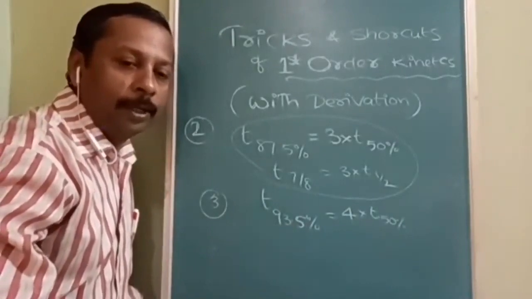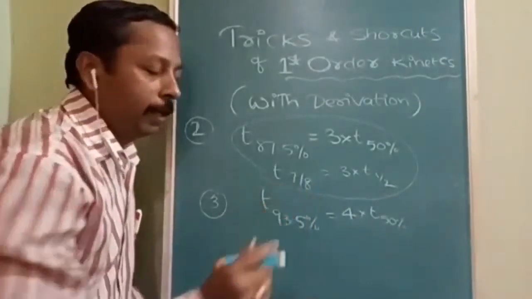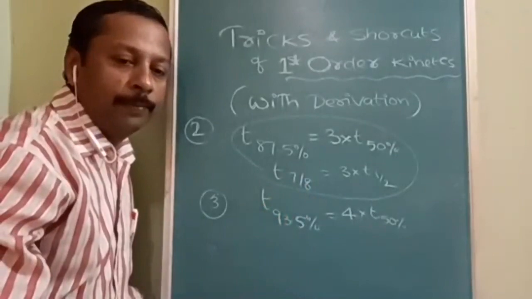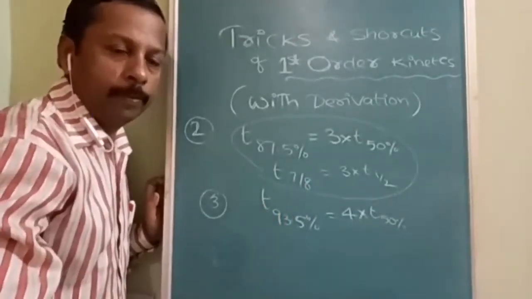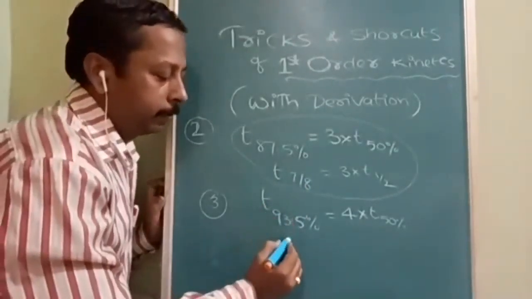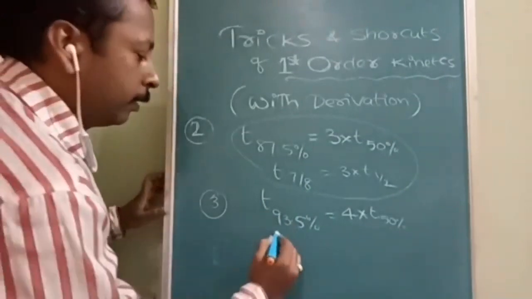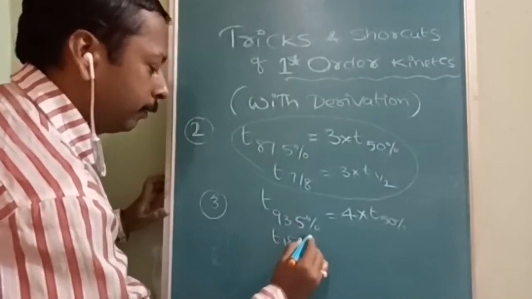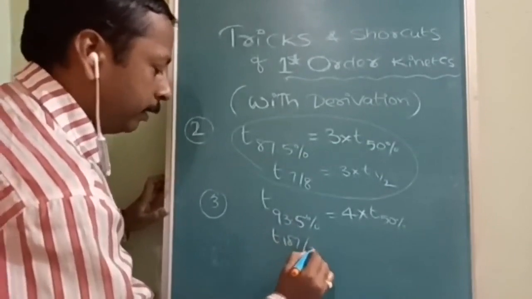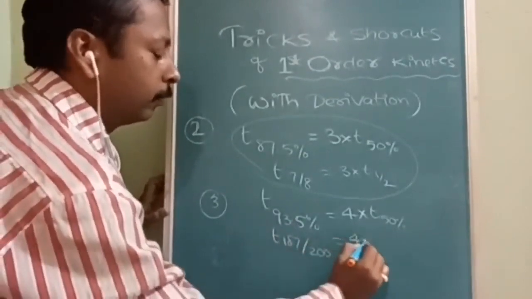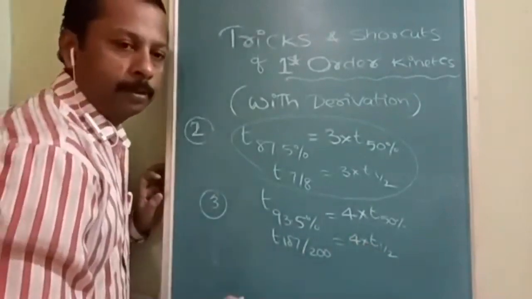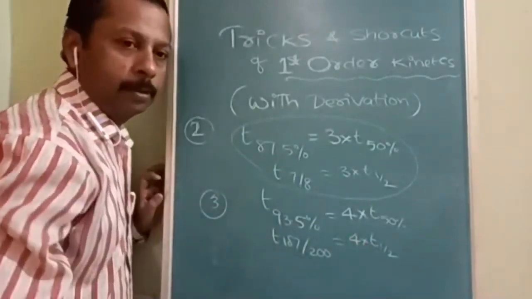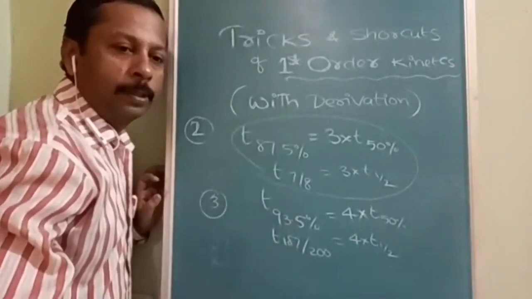Okay, so can anybody tell me in the fractions? Let me see. Okay, like this it is going to be T 15 by 16 is equal to 4 times the T 1 by 2. Okay, so this is the answer.